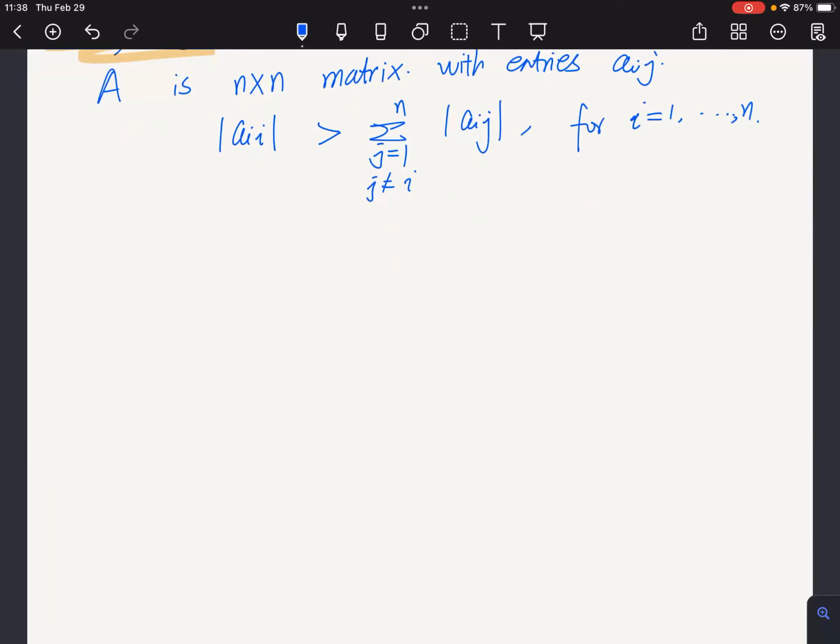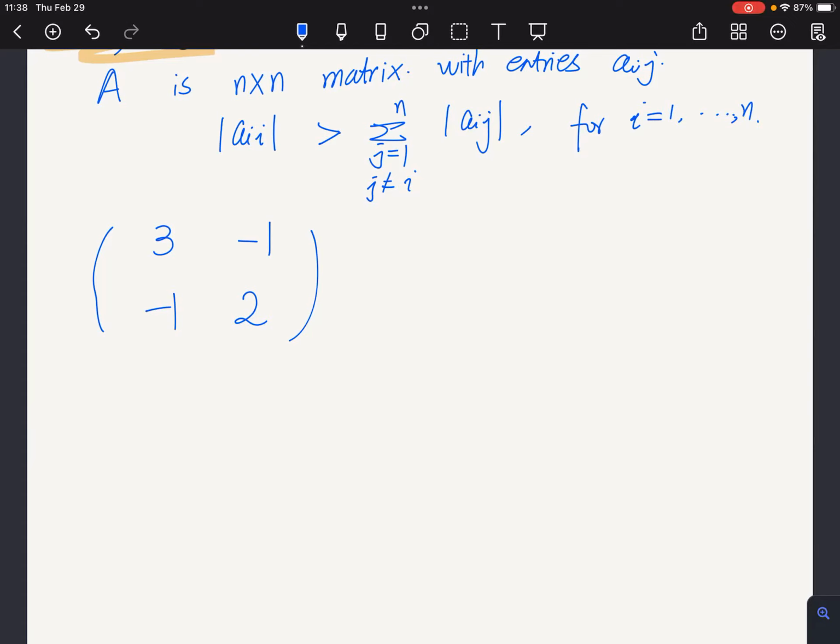So let's double check whether this matrix is strictly diagonally dominant. Let's say this is a 3, then -1, and then this is 2, and then -1. How do you check it?